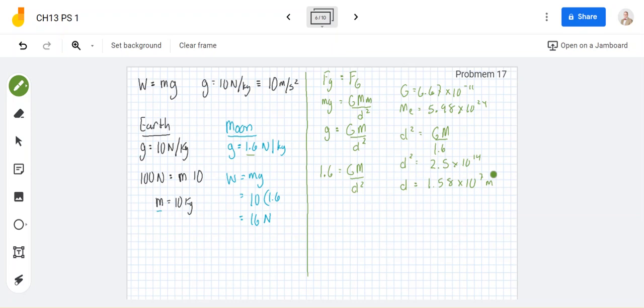But it wants to know how many radii from the center of the Earth. So to calculate that, I'm going to take my distance and divide by the radius of the Earth.